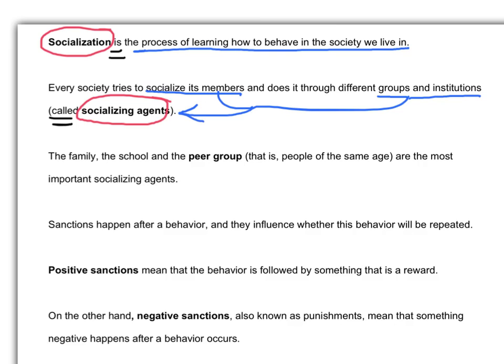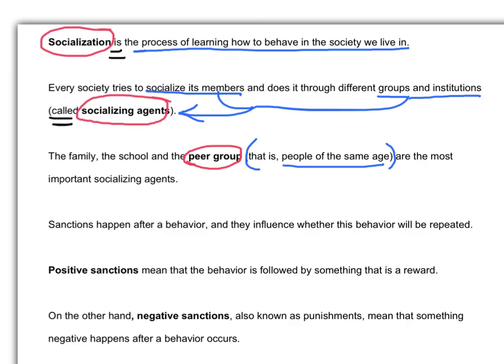Okay, let's look at the next example. The family, the school, and the peer group, that is, people of the same age, are the most important socializing agents. In this case, we have a key term, peer group, and it's defined here, inside these brackets.